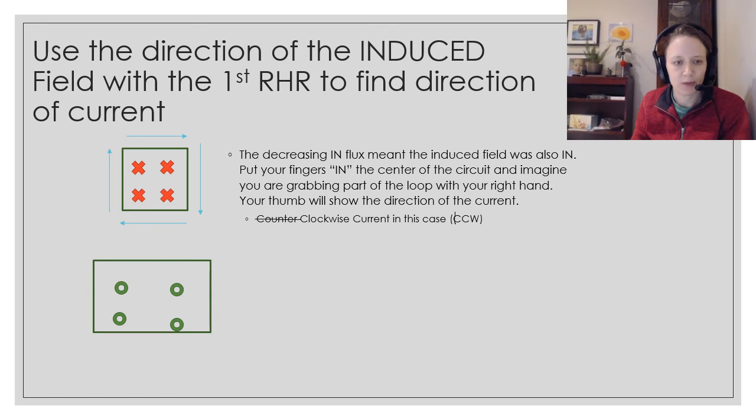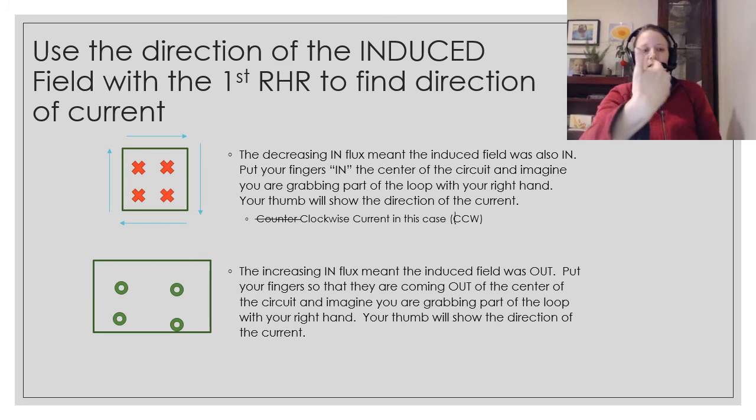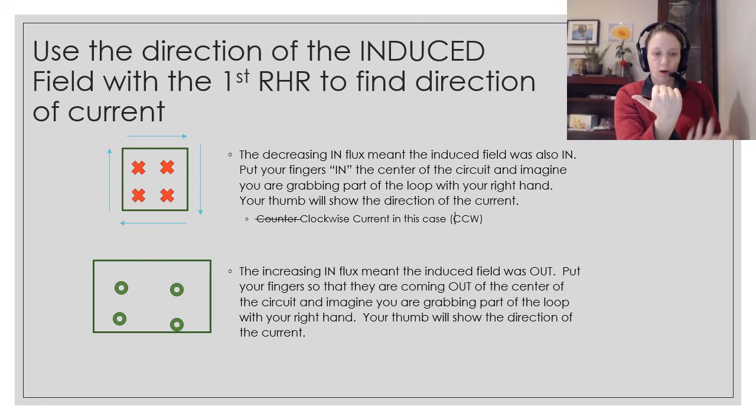The other example that we did showed that we had an increasing influx, and therefore the induced field had to be out to cancel that out. So what I would do is bring my fingers coming out of the page, if it's flat in front of you. And then I'm going to grab whatever wire is convenient.